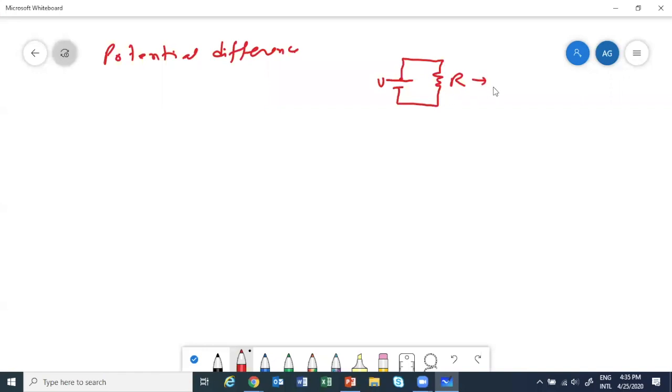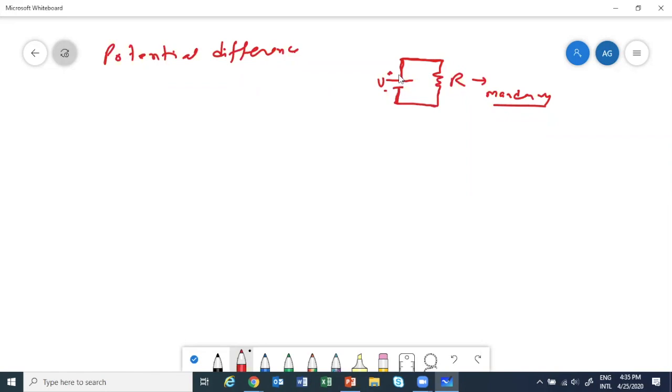This R is the resistance, which is always mandatory in a circuit. Current flows like this, charges move this way and pass through the resistance, work is done, and the balance of charges comes to this terminal. This is minus, this is the positive terminal.